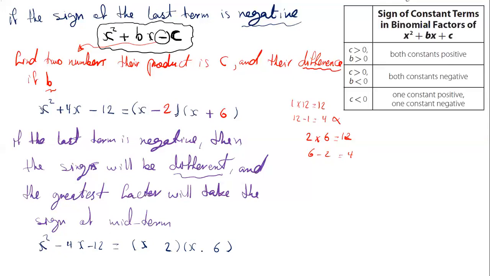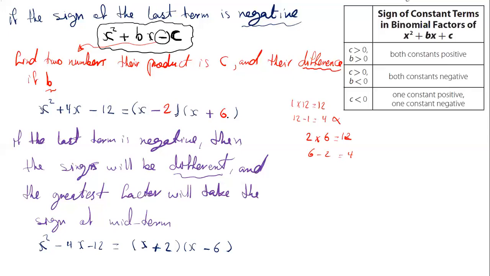Now the greatest factor, 6, will take the sign of the midterm. What is the sign of the midterm? Minus. So I will take minus, and the other one will be different, plus. Why? Because the rule states that if the last term, 12, is negative, then the signs will be different, one positive and the other negative. And the greatest factor will take the sign of the midterm. Minus, so 6 will take minus, and 2 will take the opposite sign, positive.